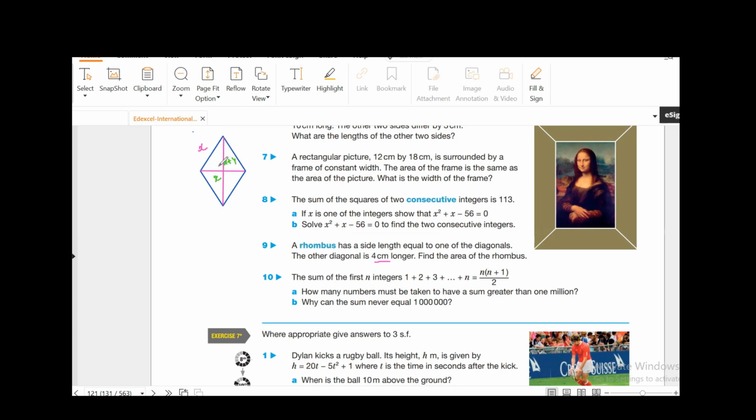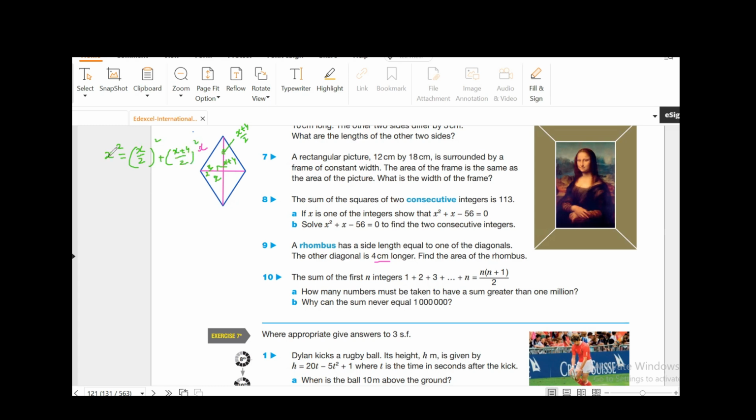I would say that we can use the Pythagoras theorem. So this represents half of x, which means x over 2, and this represents half of x plus 4, which is x plus 4 over 2, and the longer side is x. By the Pythagoras theorem we can say that x squared is equal to x over 2 whole squared plus x plus 4 over 2 whole squared.